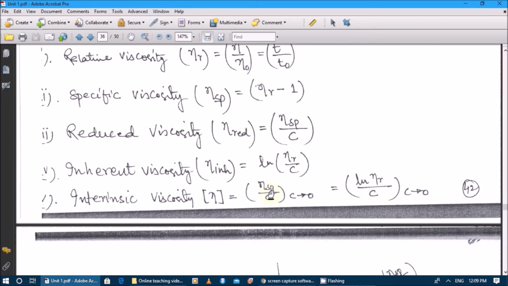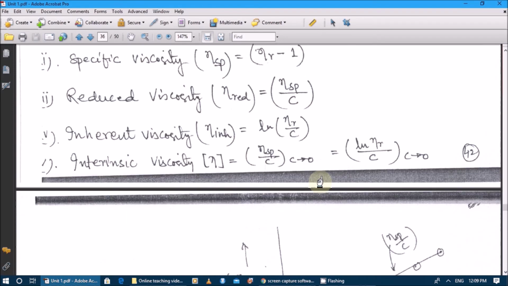This is eta specific by C, where C is tending to 0, and this is also equal to ln eta R over C, where C is tending to 0. So my intrinsic viscosity is the value of inherent viscosity or reduced viscosity at C tending to 0.